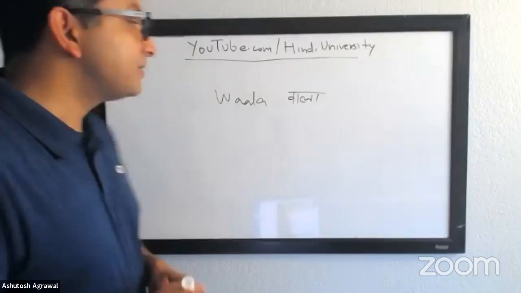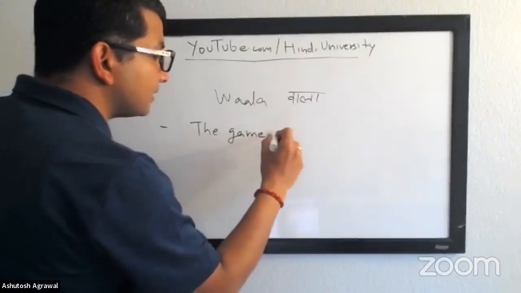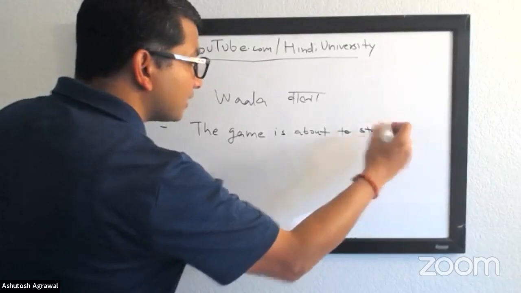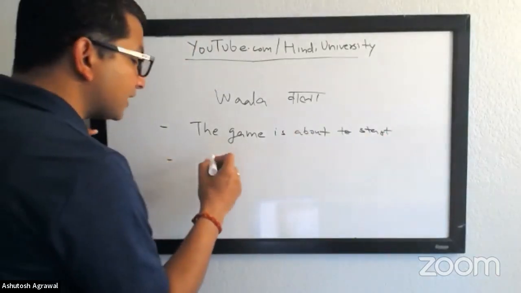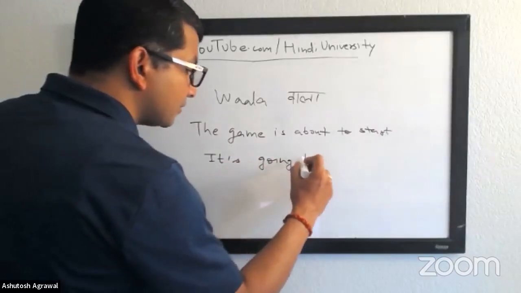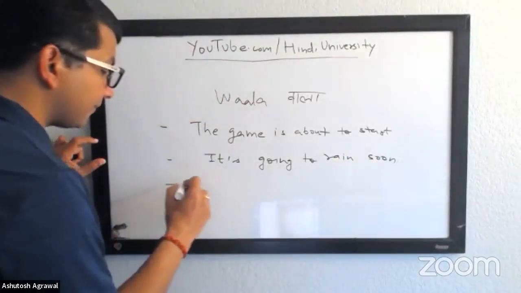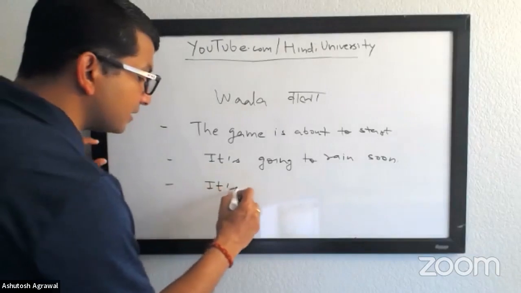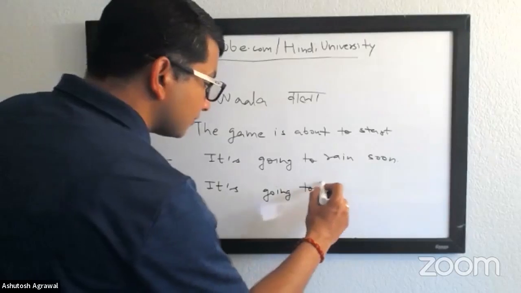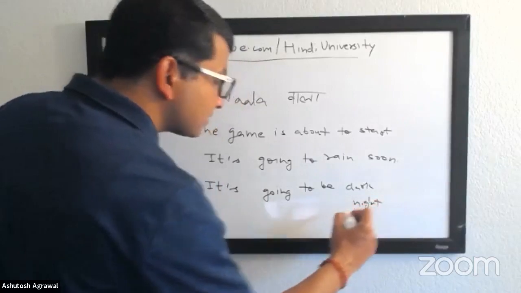Let's say you can say something like, the game is about to start, or the movie is about to start, or it's going to rain soon, or it's going to be dark soon, or it's going to be night, any action that is about to begin.